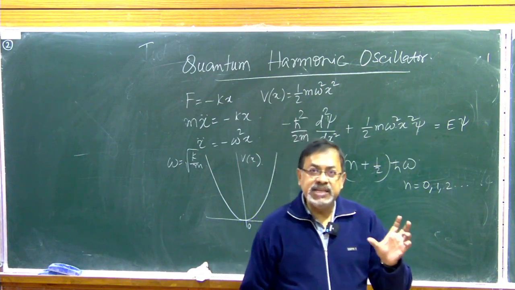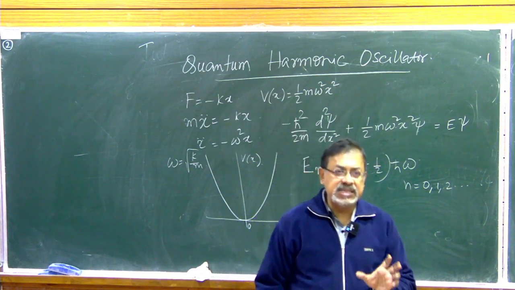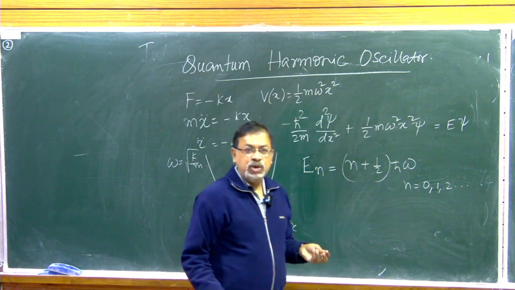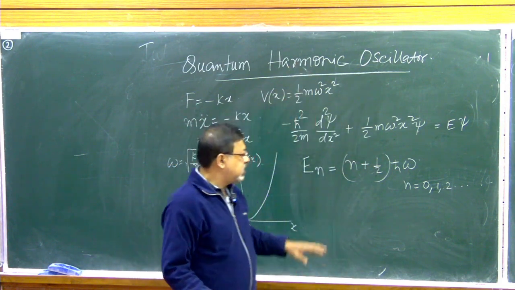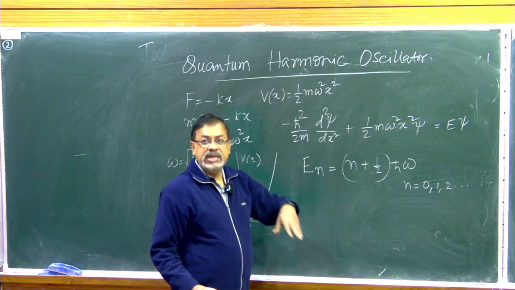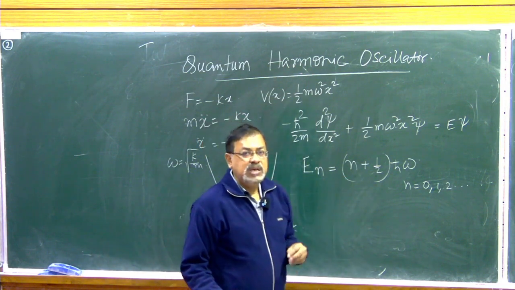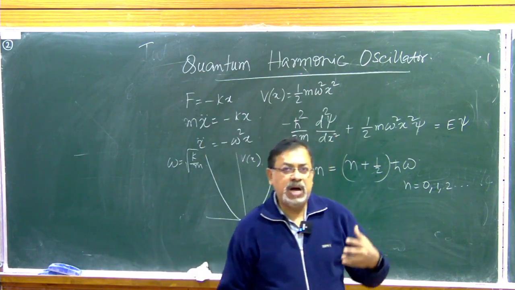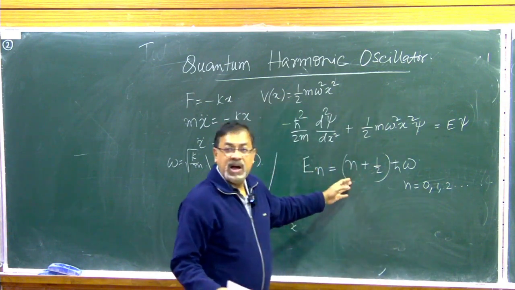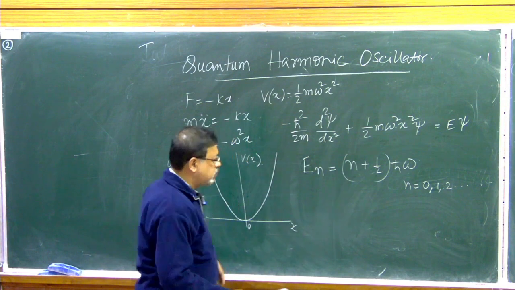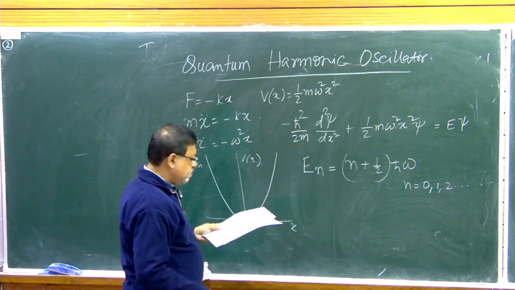As you increase n, you have energies of 3 half h cross omega, 5 half h cross omega, 7 half h cross omega, and so on and so forth.